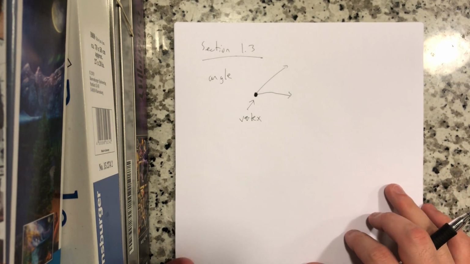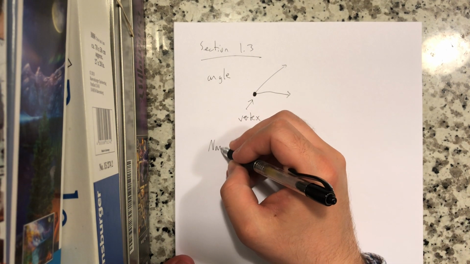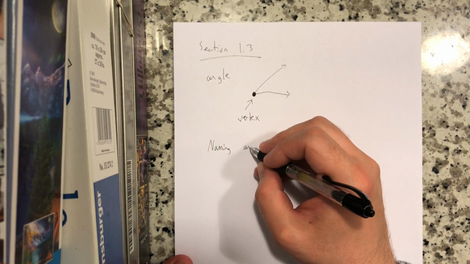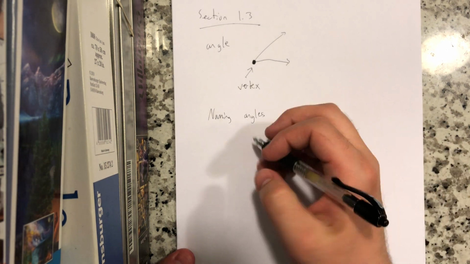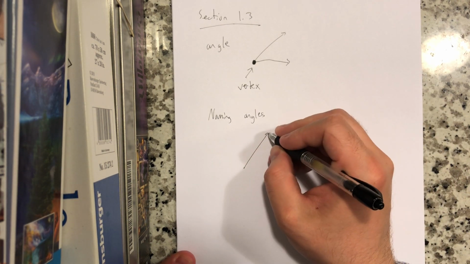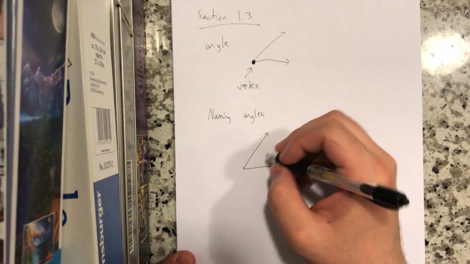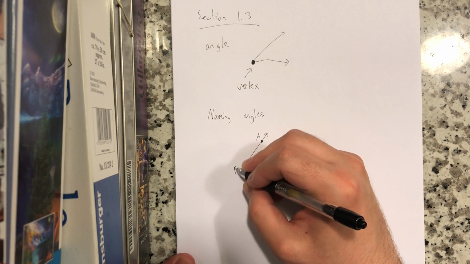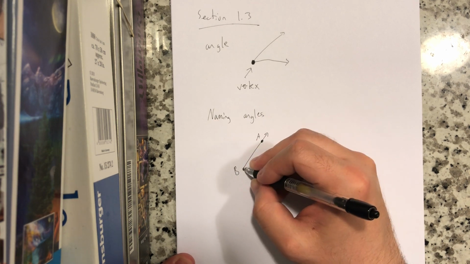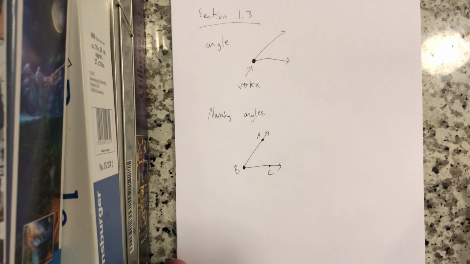Also, when you name an angle, let's say this is point A, this is point B, and this is point C. Remember, B here is the vertex.